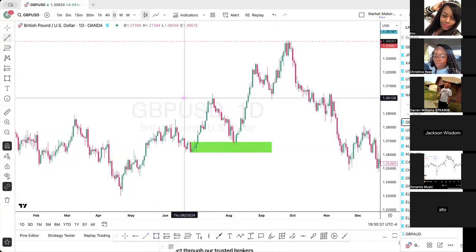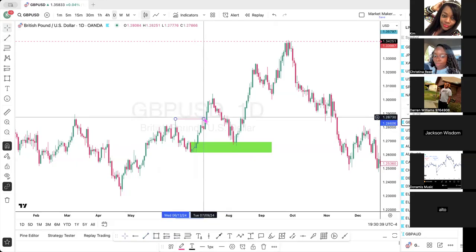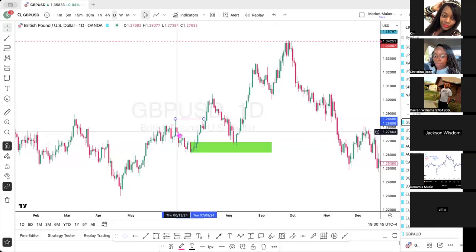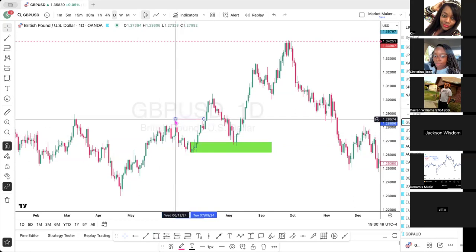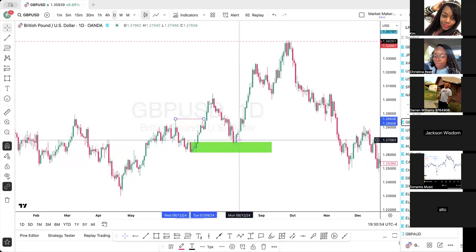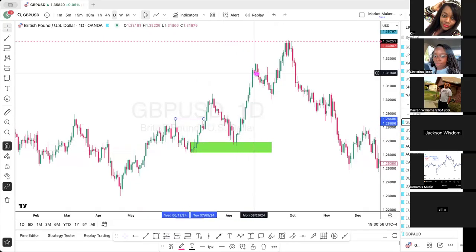So once price breaks structure, it has to break the structure first. I'm not talking about these internal structures. It has to break your swing high, pull back, and I look for that candle to pull back to.